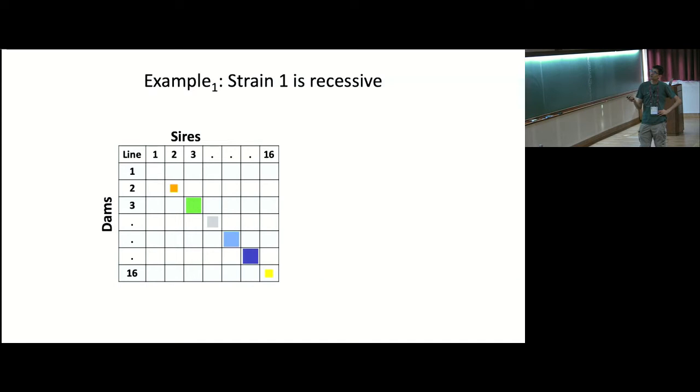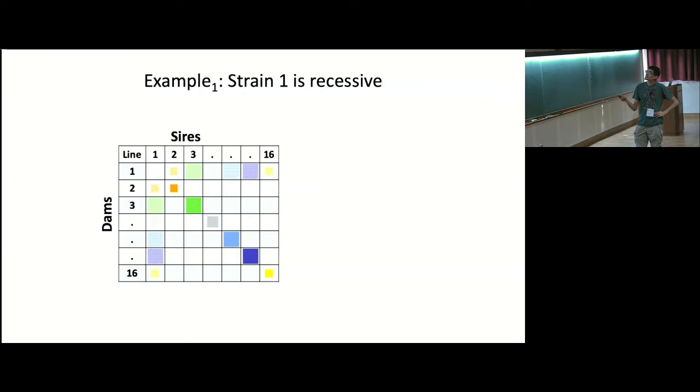Remember, all these diagonal points represent the inbred genotypes. The different color and size squares represent the phenotypes. This one has a small orange phenotype, this one has a large green phenotype, and so on and so forth. Let's imagine line 1 as our focal line that we want to look at.